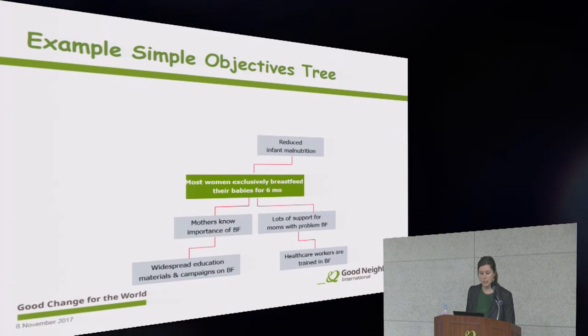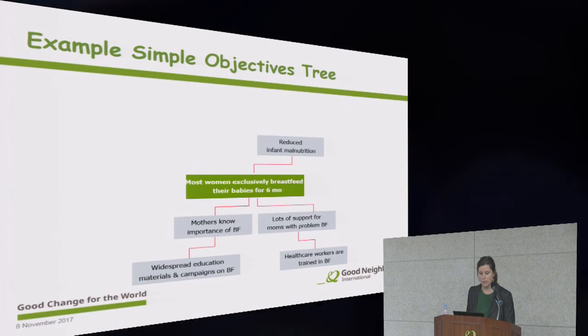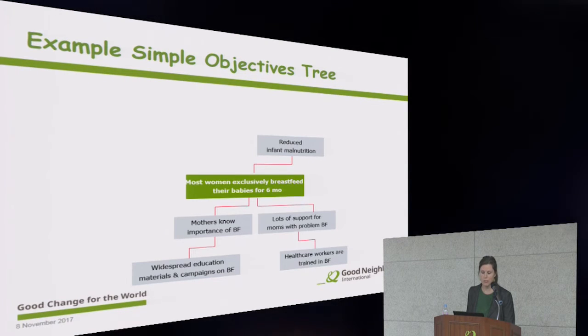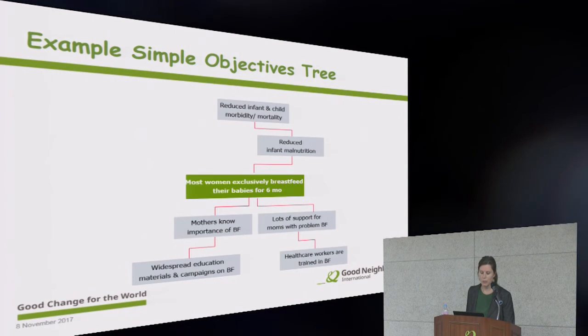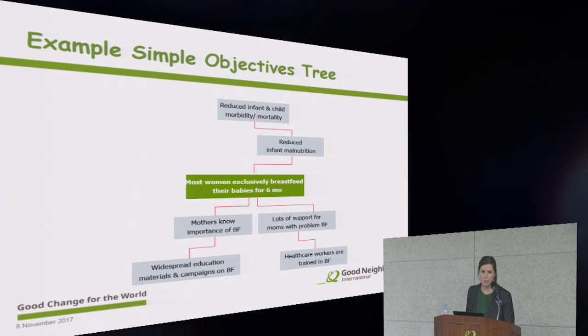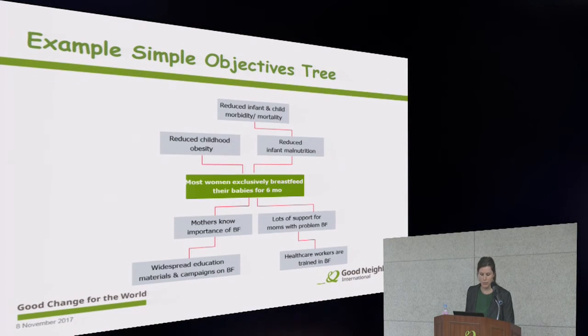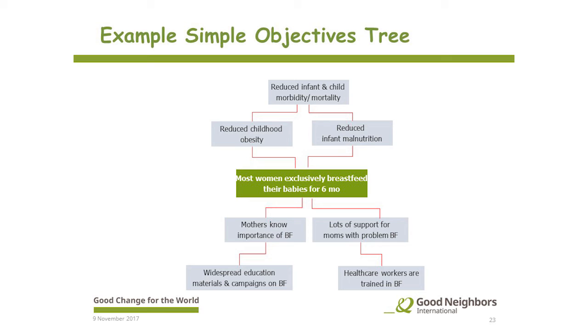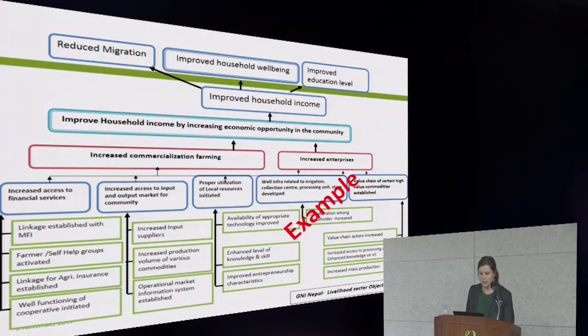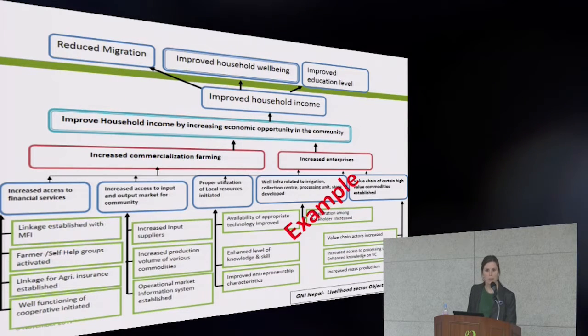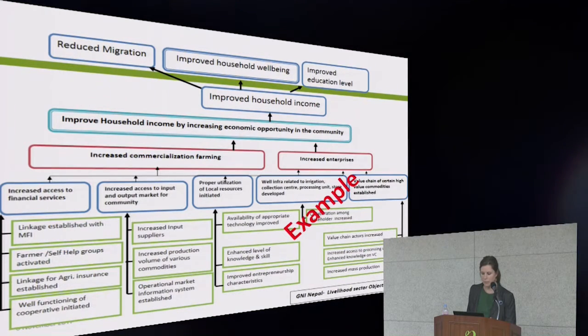So the effects or the ends are that infant malnutrition is reduced, which reduces infant mortality and morbidity, and childhood obesity is reduced, which also reduces childhood morbidity and mortality. So that's a very simple example of how we do a problem tree and flip it into an objectives tree.